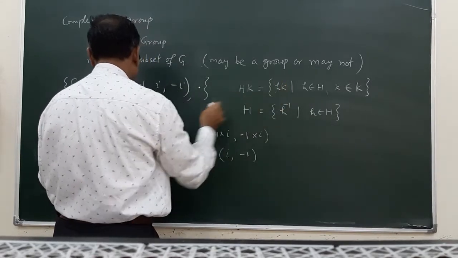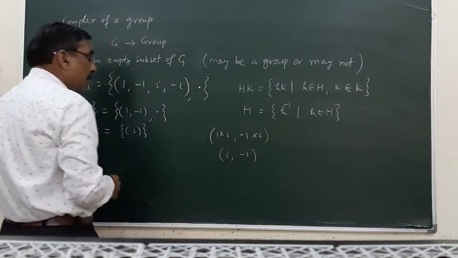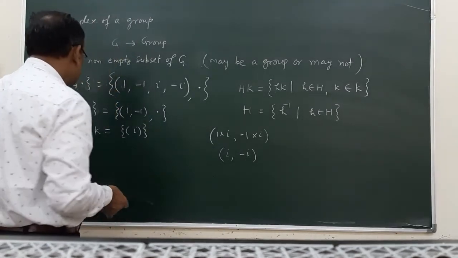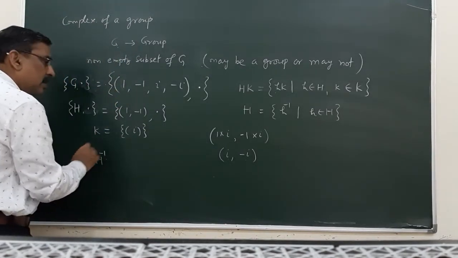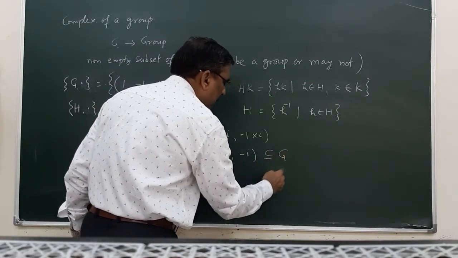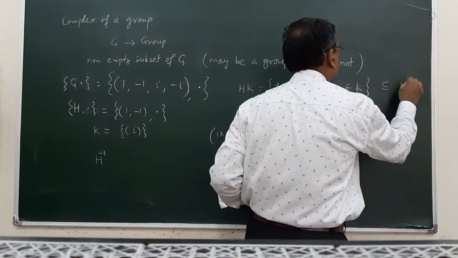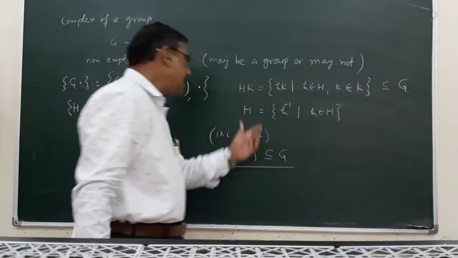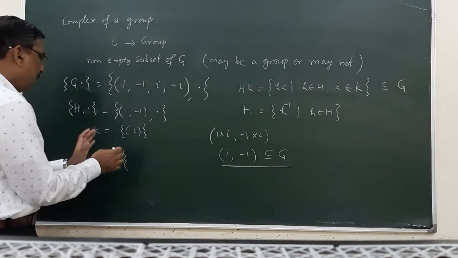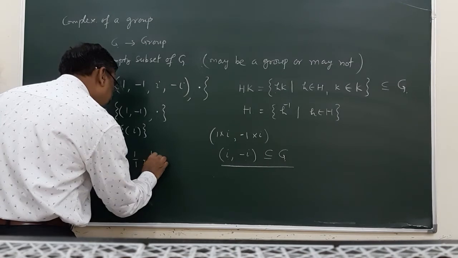This is a subset of G, means we can say HK is a subset of G. Again, what is H inverse? H inverse is nothing but 1 upon 1 and 1 upon minus 1.